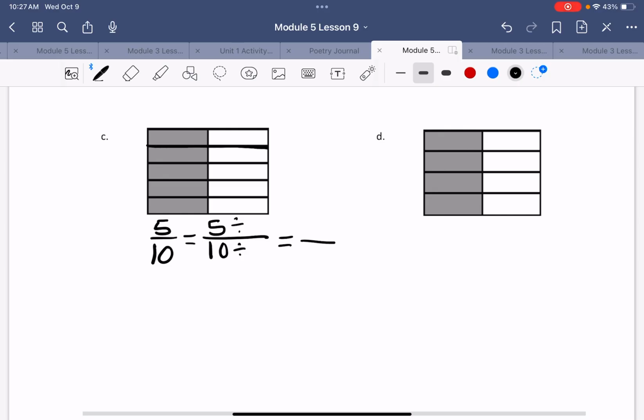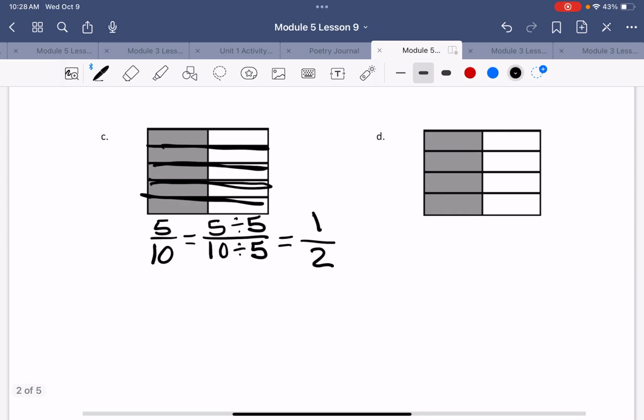We broke it into 5 parts. Because we broke it into 5 parts, we're going to divide it by 5. 5 divided by 5 is 1, and 10 divided by 5 is 2. So 5/10 is equal to or equivalent to 1/2.